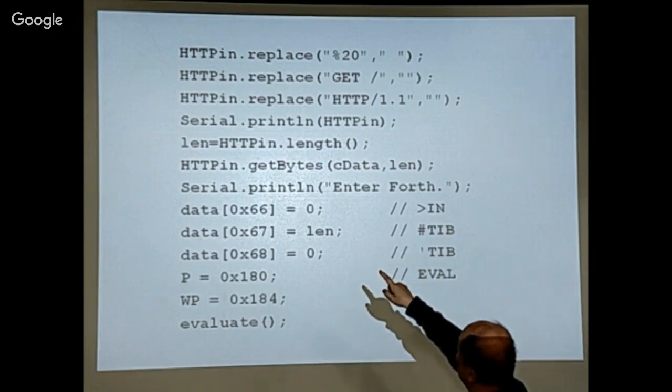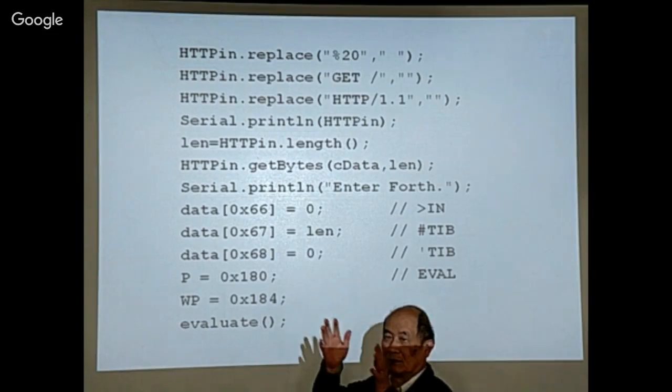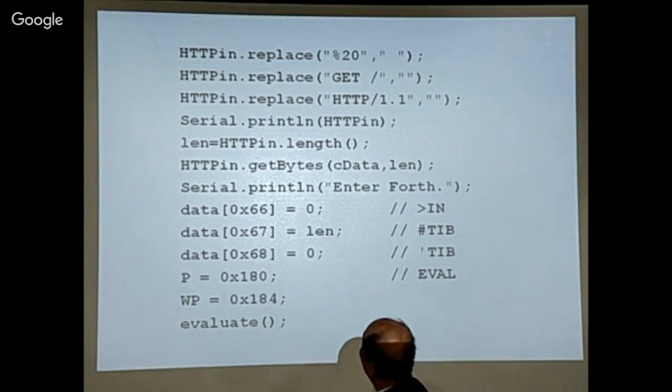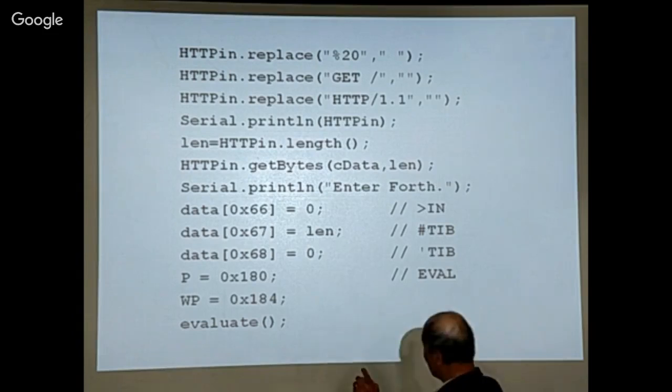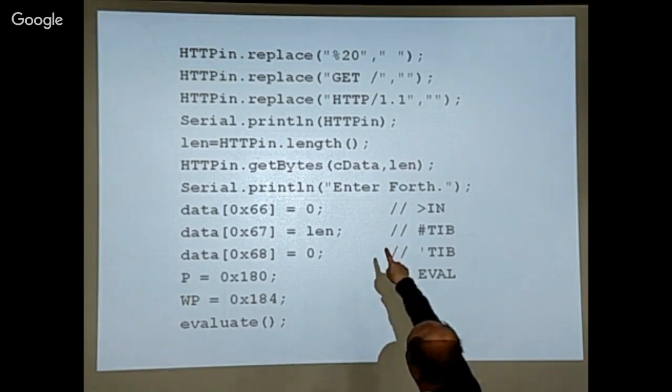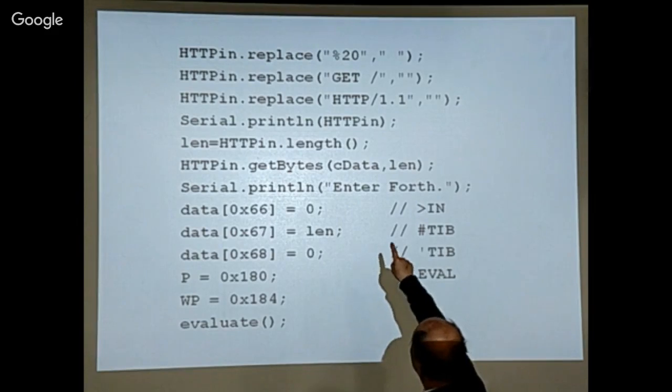Once you strip off the non-essential characters, we have the length of the string, and then the string is put into the C data buffer with the length.